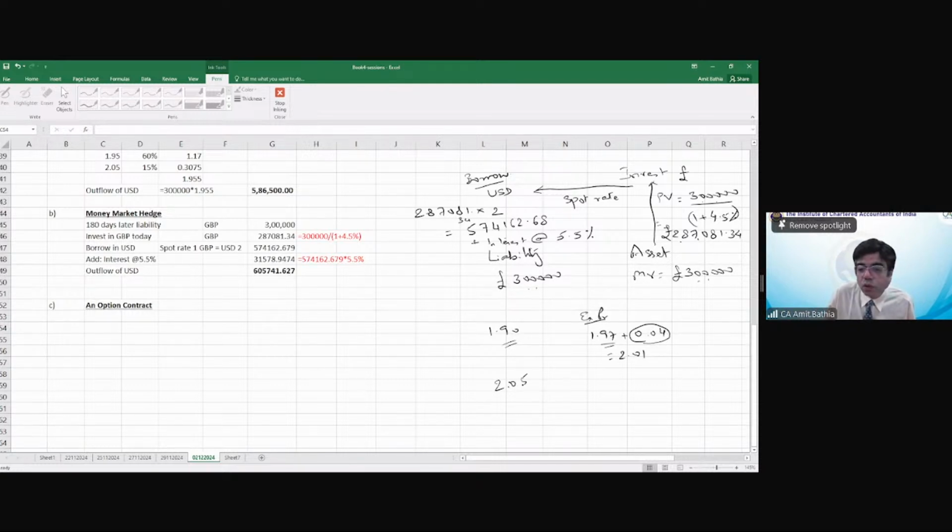So if 2.05 is the prevailing price in the spot market, will you exercise the option? Yes, definitely. Because in that case, I'm going to save how much? I'm going to save 8 cents, right? So definitely it will be an in the money option and you will exercise this option, right?